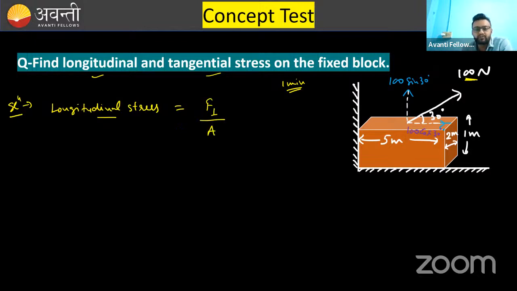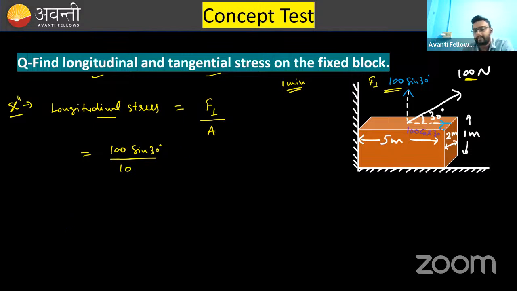This is the definition of longitudinal stress. So the perpendicular force is now 100 sine 30. This is F perpendicular. So the value of longitudinal stress will be 100 sine 30 divided by area. What is the area of this top surface? The area of this top surface is 5 into 2.